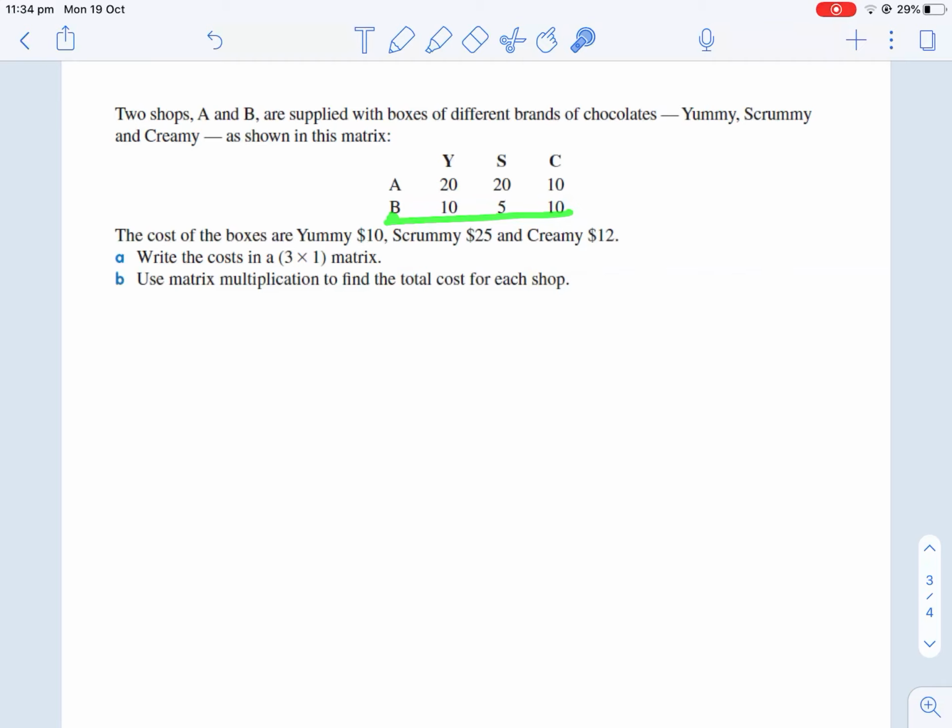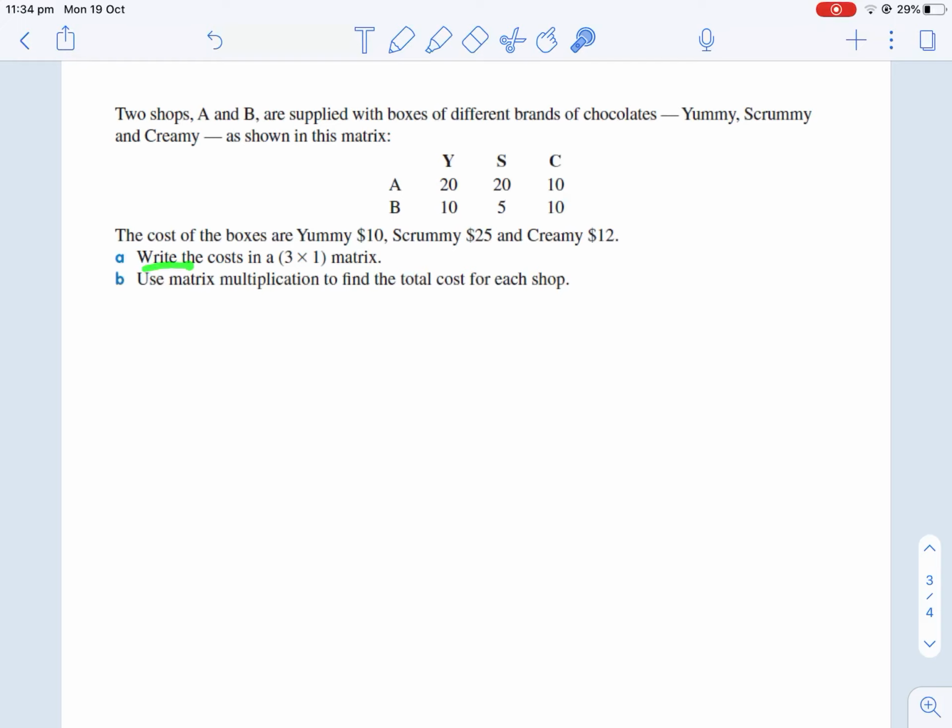Shop B, they supply 10 boxes of Yummy, 5 boxes of Scrummy, and 10 boxes of Creamy. All right. And now the cost of the boxes: Yummy is $10 per box. Scrummy is $25 each, and Creamy is $12 each.